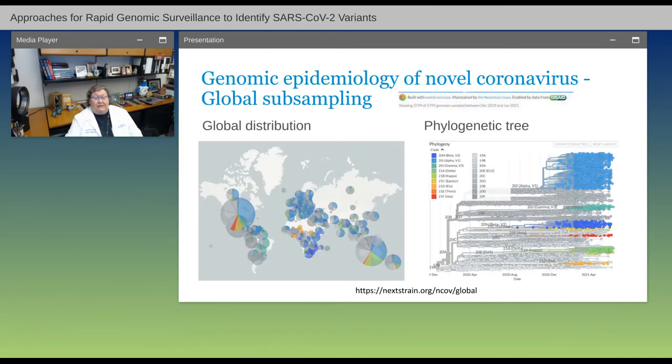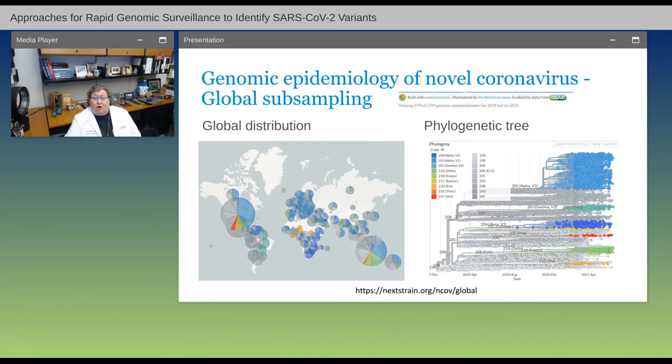You'll see maps like this on the news, or if you search the WHO site or the Nextstrain site, and it will give you the proportion of different variants that are present in different countries across the globe, and it will give you the phylogenetic tree, which tells you the relatedness of the viruses.